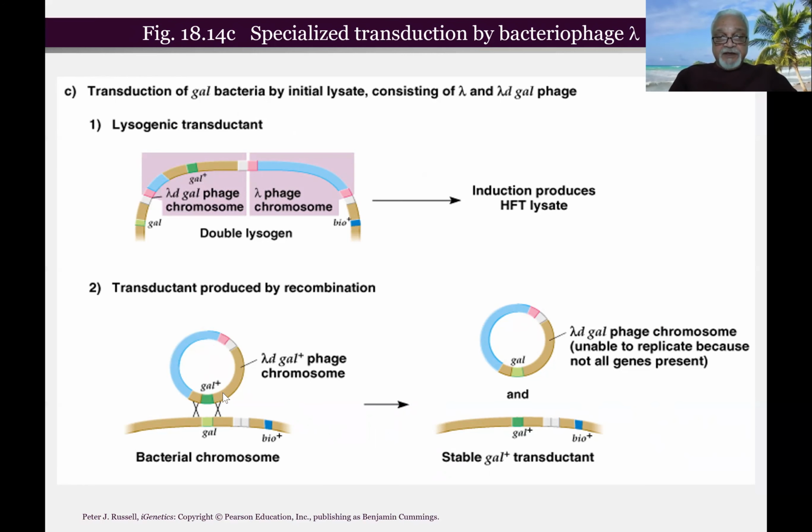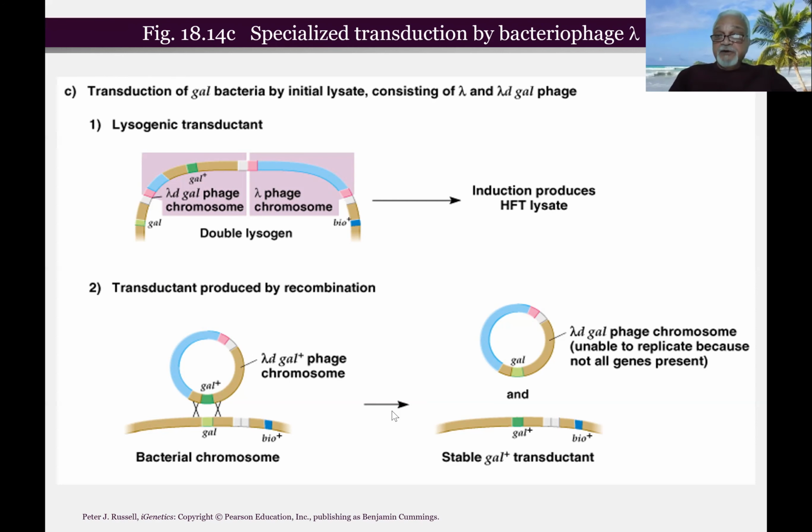So what happens is that there is recombination between the incoming part of the donor DNA and the recipient bacterial chromosome. If this recombines here, and if the recipient cell is gal minus, then what will happen? You can see this minus is replaced by plus, and you can select this cell which is gal plus.